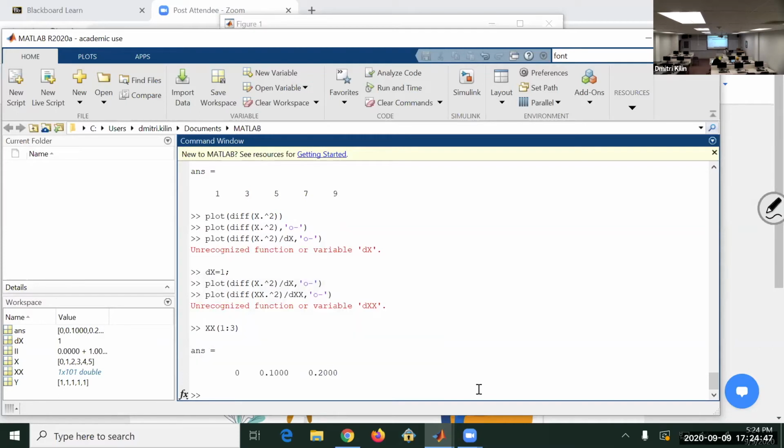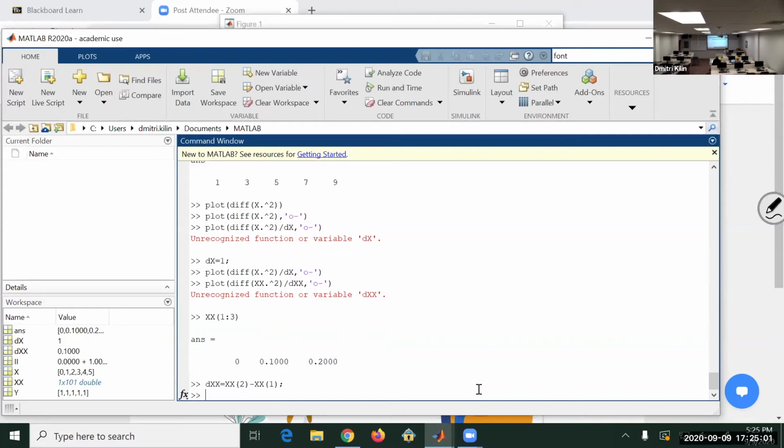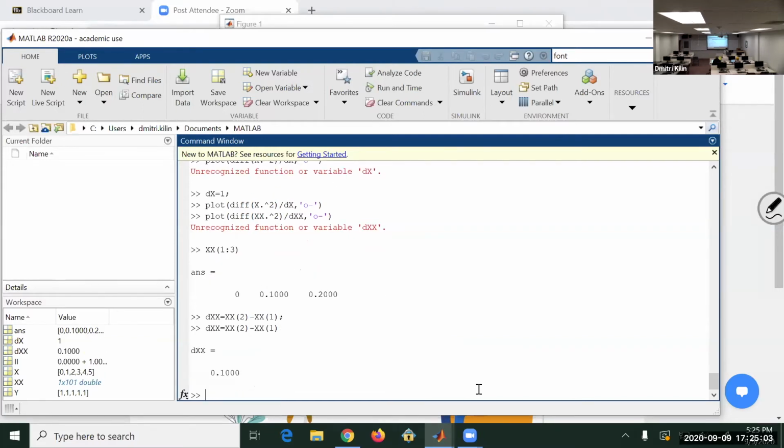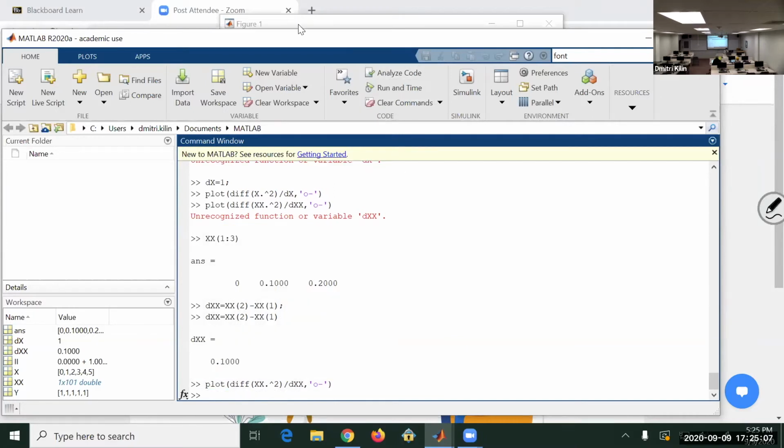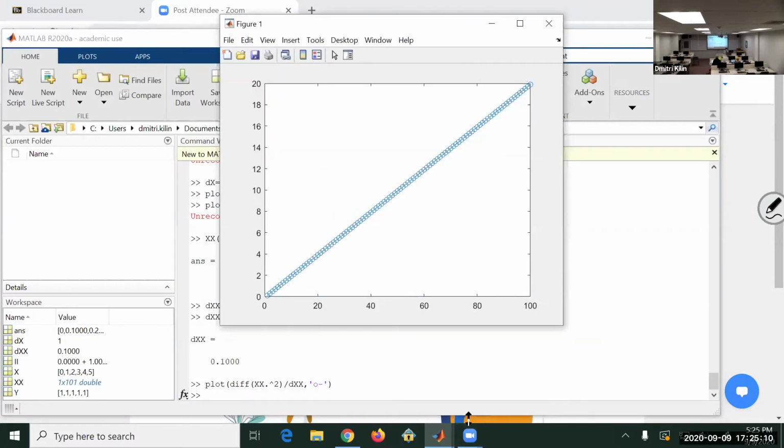So we can set dx equals xx(2) minus xx(1). Or I can manually set it to be 0.1. And now, if I apply this, it will again be this linear function, which is the derivative of the quadratic, but defined much more gently.